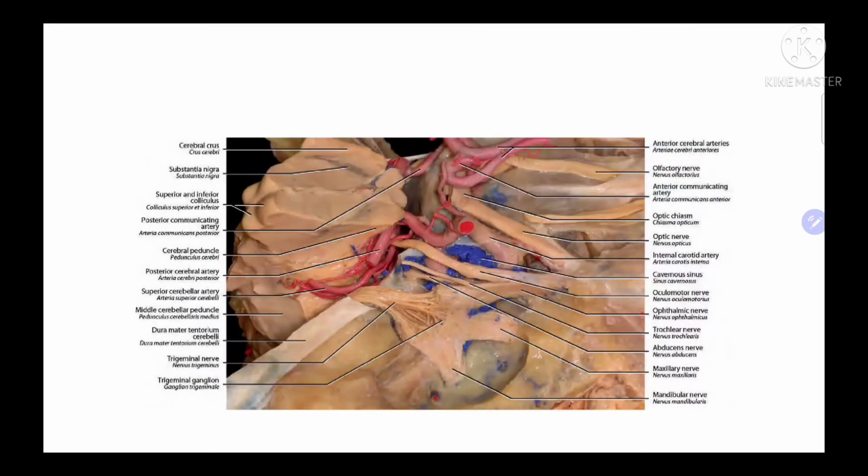So when the oculomotor nerve is in relationship with the cavernous sinus, how are we gonna find it? For example, I'm gonna make this in a schema, okay? We're gonna cut this here, and we're gonna check here.